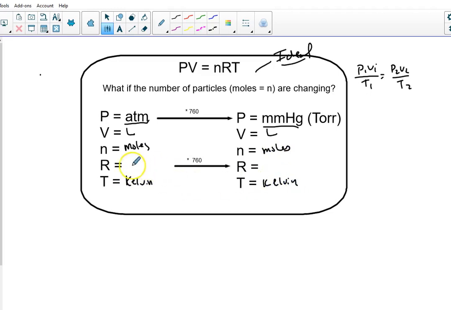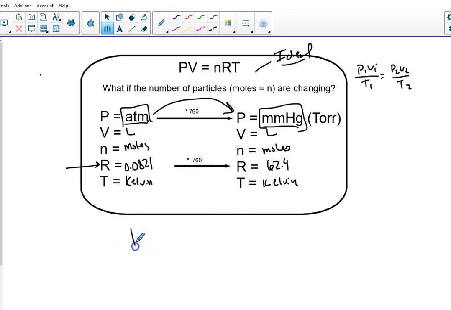And then R, depending on these units, the only difference is really atmospheres versus millimeters of mercury. In atmospheres, which is pretty common, R is 0.0821. This is on your laminated sheet, so you should find it there if that's something you have a hard time remembering. If you multiply that times 760, just like atmospheres to 760 is millimeters of mercury, then this is 62.4.